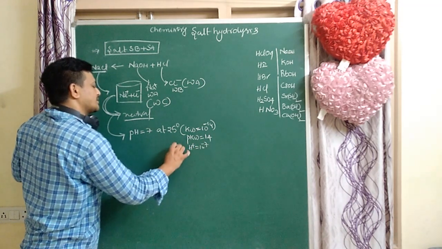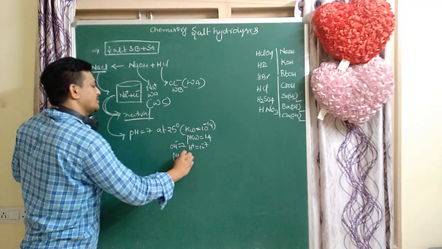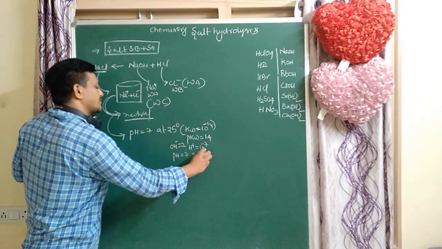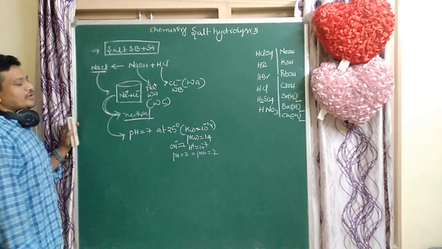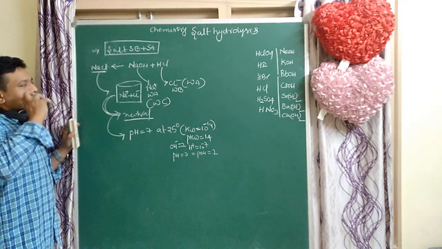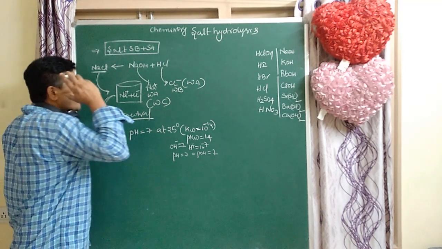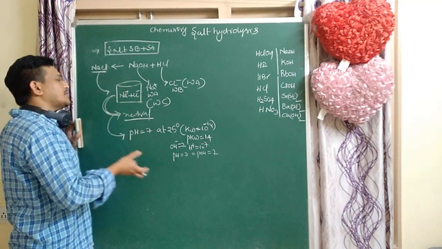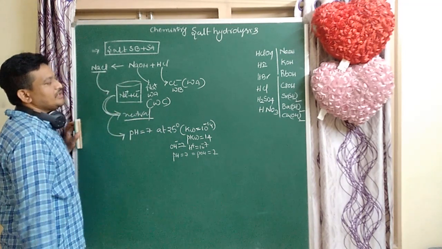The OH minus concentration is also 10 power minus 7. Here pH equals 7 and pOH equals 7. So that is a neutral solution. For this type of salt, the pH does not depend on the concentration of the solution, and also does not depend on the nature of the salt.